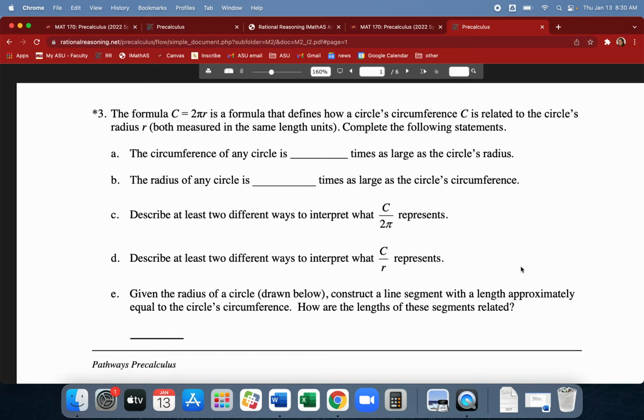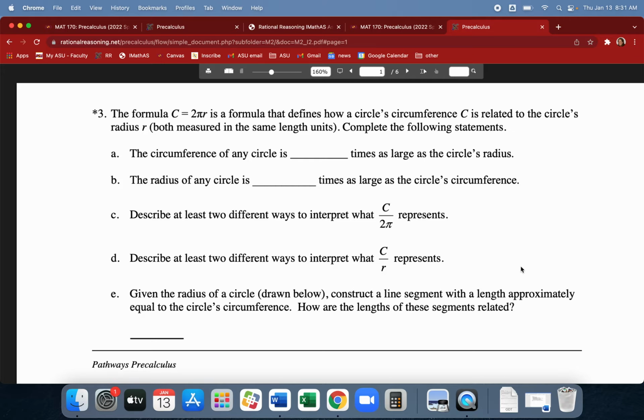Kind of like 1/6, 1 over 6.28. Some weird number, so probably about, I don't know, 0.15 or something. But if the circumference is, let's just use round numbers. If I say the circumference is 6 times as large as the radius, then the radius would be 1/6 times as large as the circumference, right?